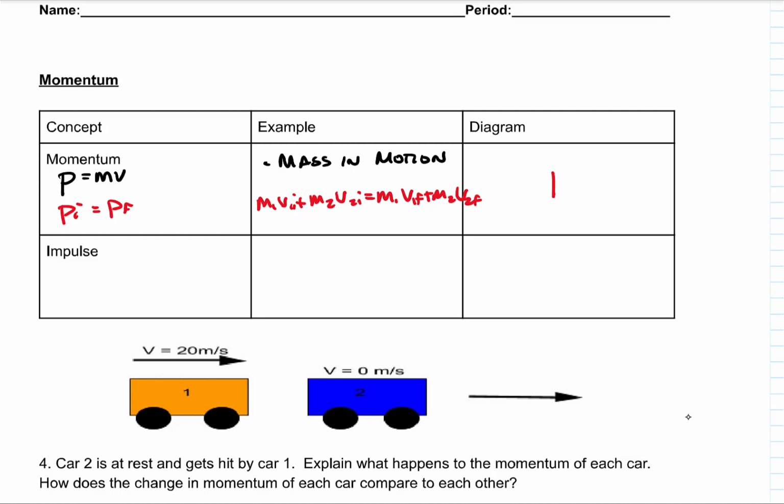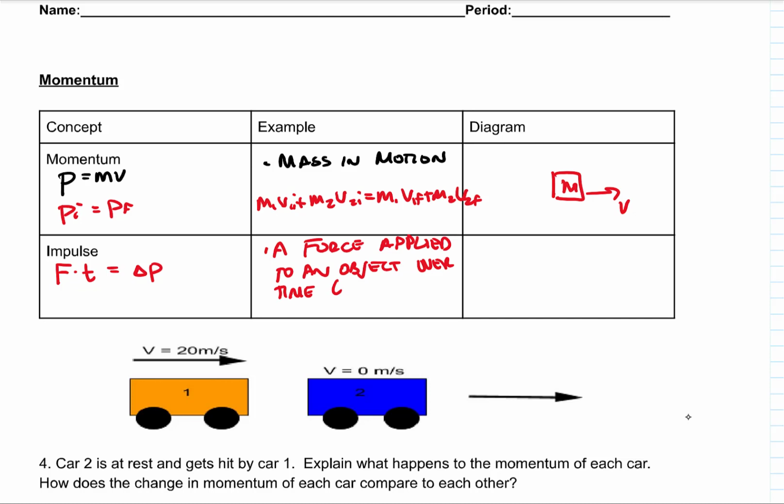And so our diagram would be any object that is moving, if it has a velocity and a mass, it's going to have momentum. Impulse, that's force times time is equal to impulse. That's equal to the change in momentum. That's how an object changes its momentum.